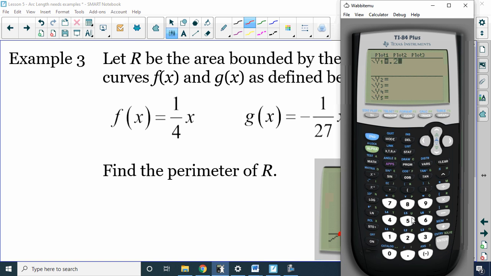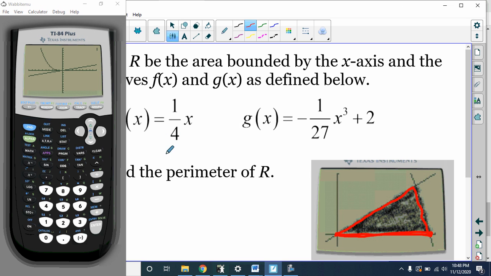So we have 1/4 x. We have negative 1/27 x cubed. So there's 1/4 x. Here comes 1/27 x cubed. Oh, plus 2. I missed the plus 2.